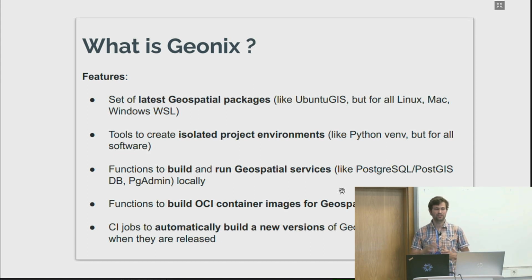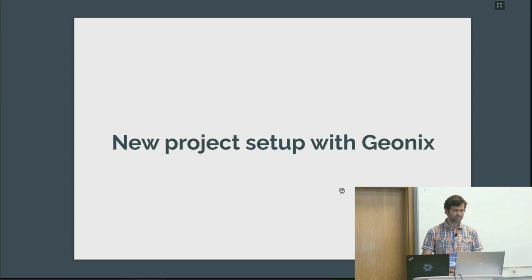It provides the latest geospatial packages like Ubuntu GIS, but for all Linux distributions and Mac and Windows WSL. It provides isolated project environments like Python virtualenv, but for all software. It provides some functions for running geospatial services like PostgreSQL and others. It can build container images.